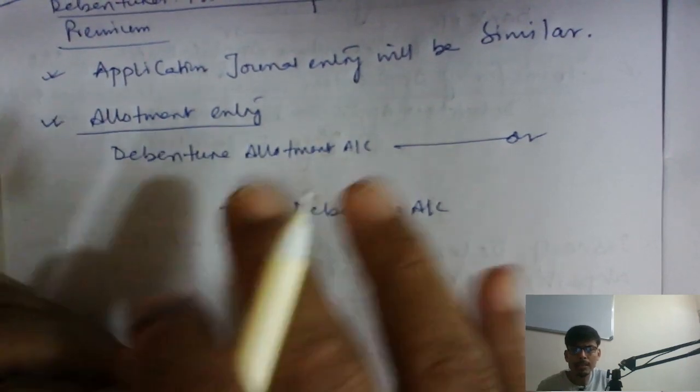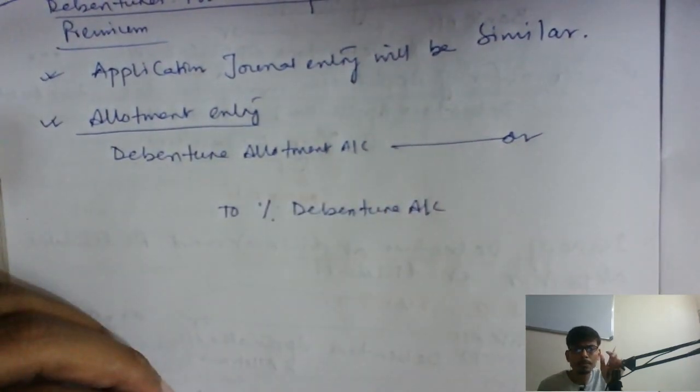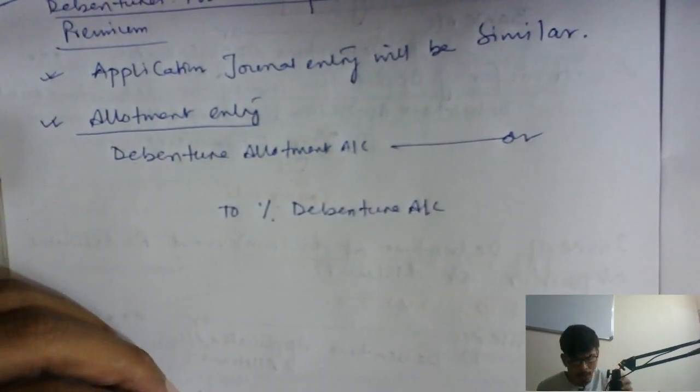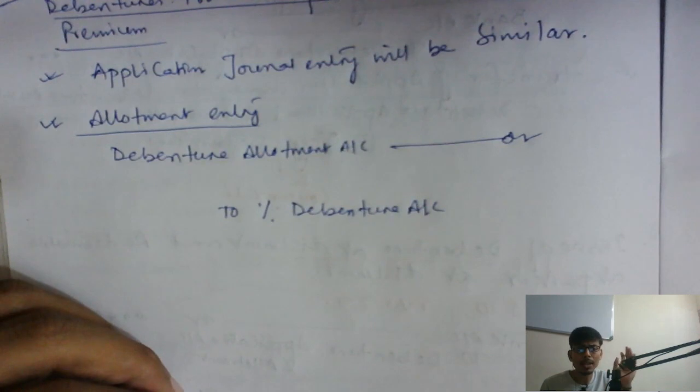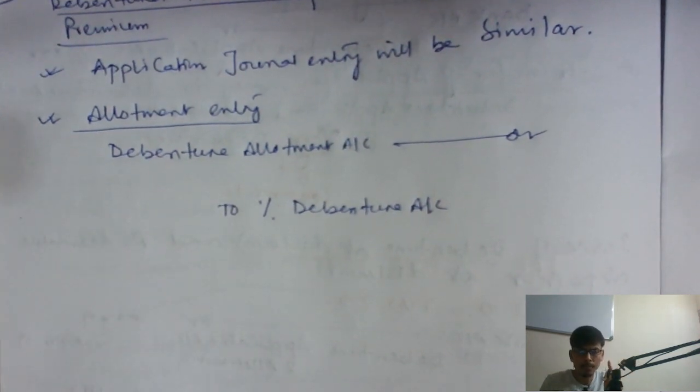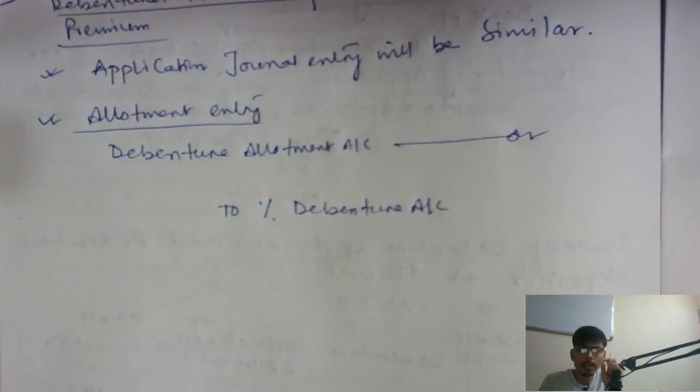See, the debenture allotment, let's say it's the amount of the allotment money, correct? Let's say 2 rupees on 50,000 debentures, 1 lakh rupees. But we are going to redeem the debenture at a premium, let's say of rupees 1.